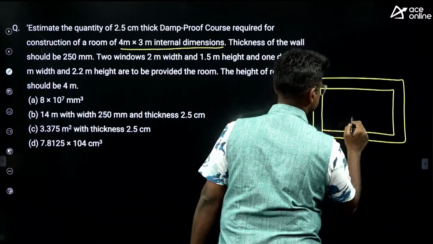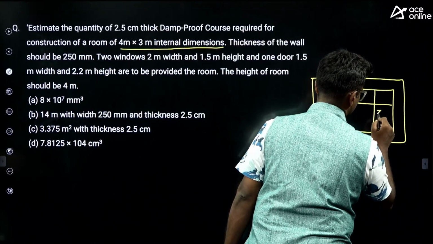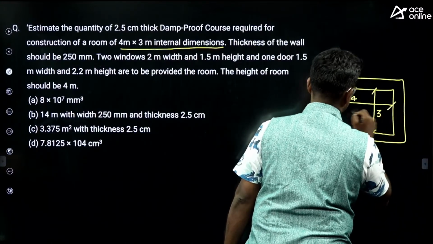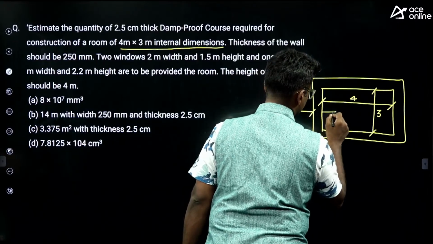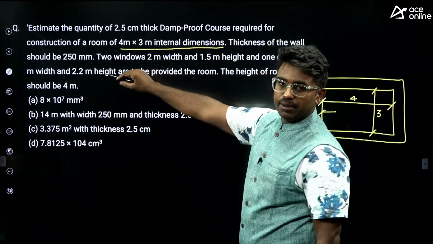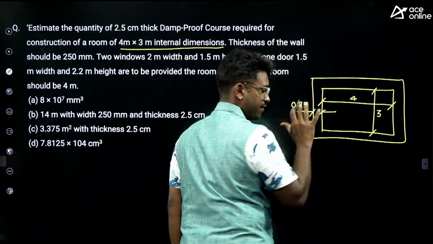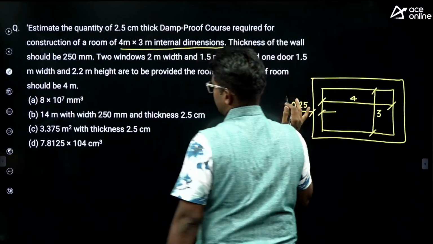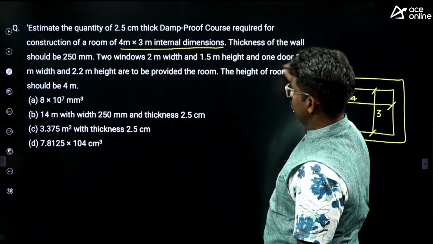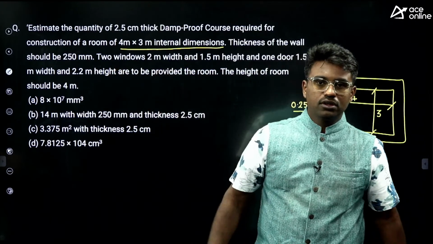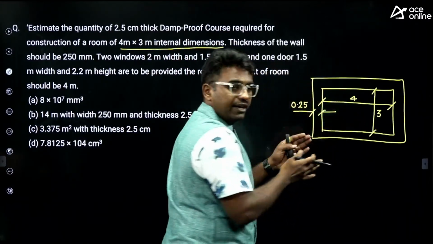He has given internal dimensions, which is 4 and this is 3. And the thickness of the wall, he has given how much? 250 mm. It means 0.25 meters. Everything is in meters. Okay, all dimensions are in meters. He has given two windows, which is having a height of 1.5 and one door of 1.5 and width is 2.2. So if we calculate, okay, how do we calculate?